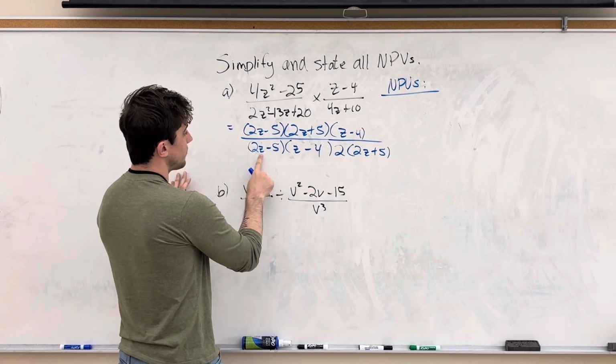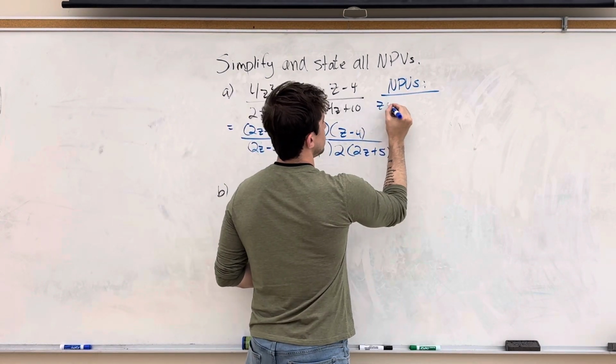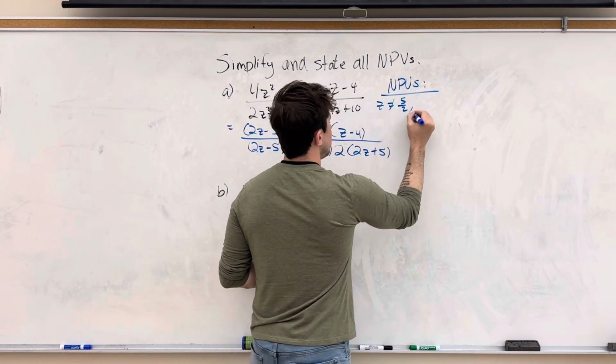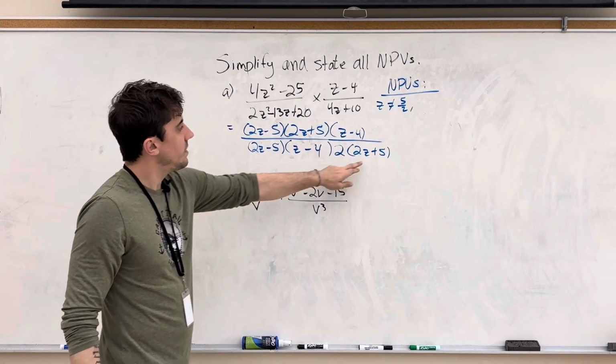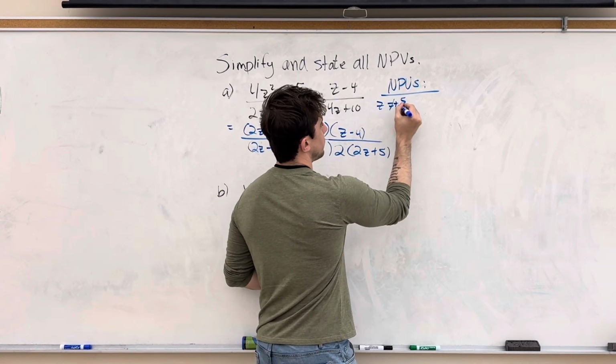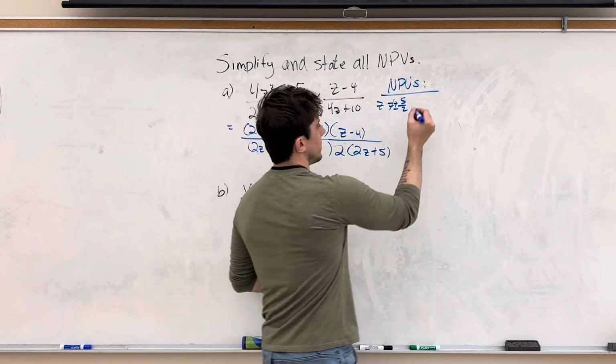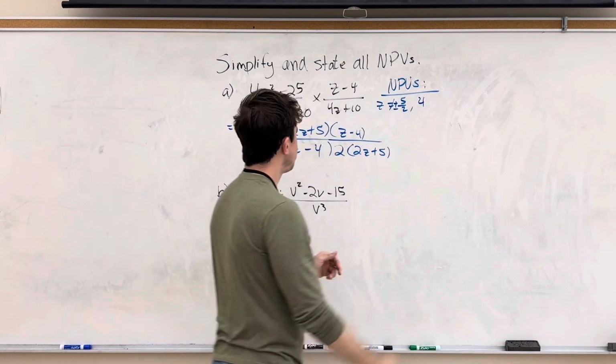So 2z minus 5 would be equal to 0 if z was positive 5 over 2. So z cannot be positive 5 over 2. It cannot be negative 5 over 2 either. So we can say it can't be positive or negative 5 over 2. And from the z minus 4 factor, z cannot have a value of positive 4.